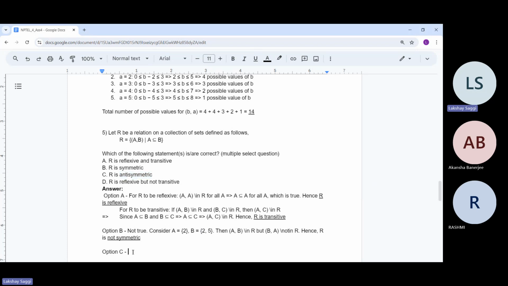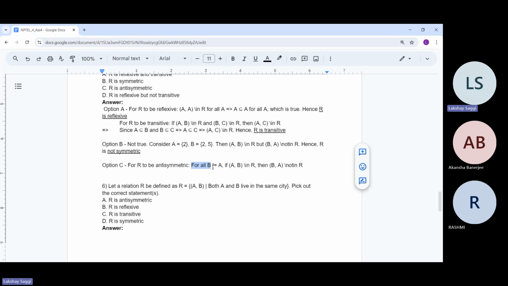For R to be antisymmetric, for all B not equal to A, where I denote not equals by exclamation-equals, if (A, B) is in R, then (B, A) is not in R. If this whole condition holds true for all sets B not equal to A, then R is said to be antisymmetric.